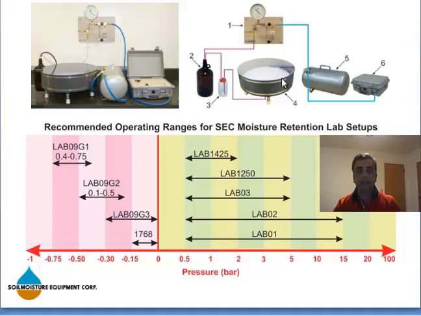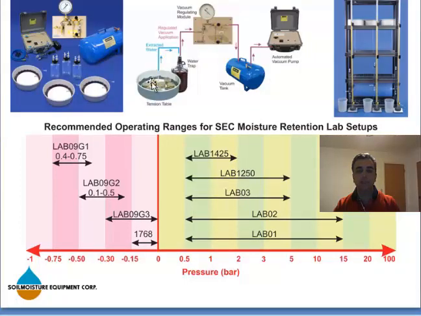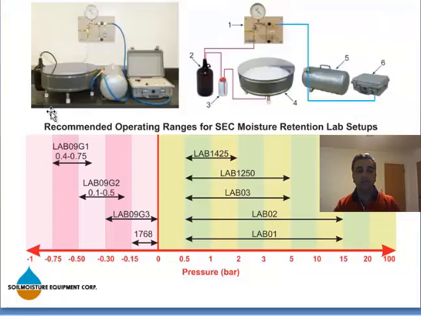Let me compare Lab 9 with 1725 quickly. As you saw, this is a 12-inch diameter tension table, while 1725, as I said, is 22 inches in diameter. So 1725 is more suitable for heavy-duty applications and commercial soil physics labs.